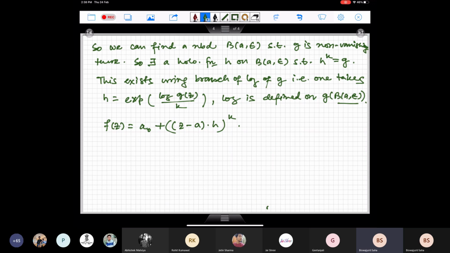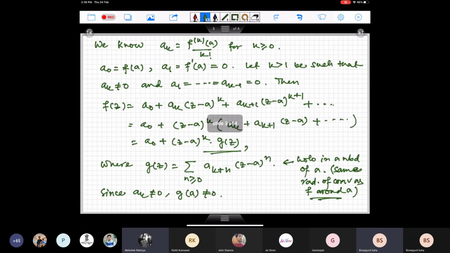Now let us observe the following. Note the function (z minus a) times h. This function has a 0. What is the 0? The 0 is at z equal to a, right?